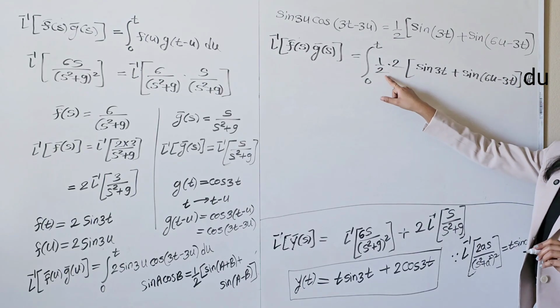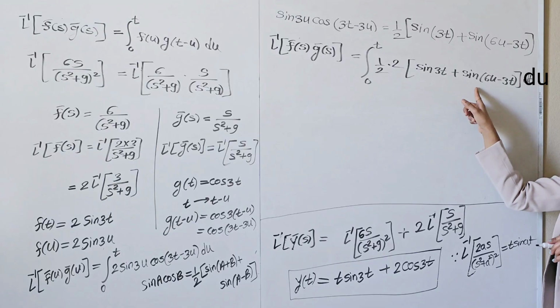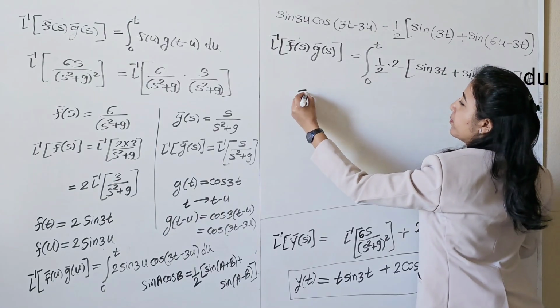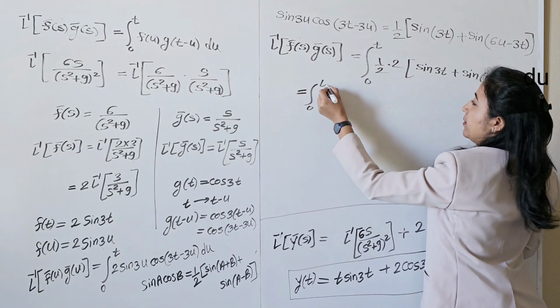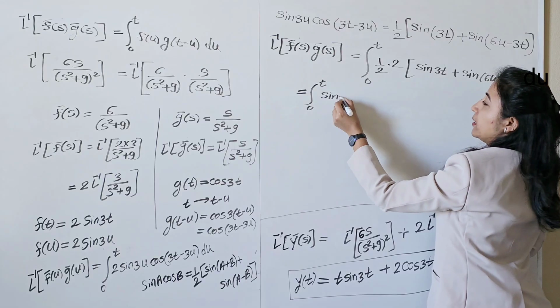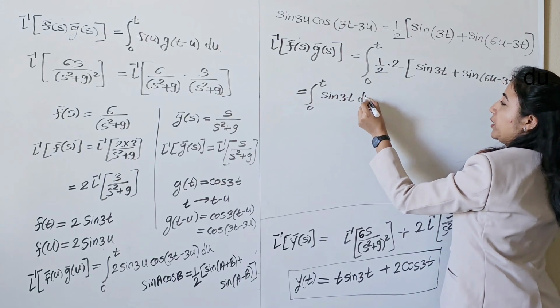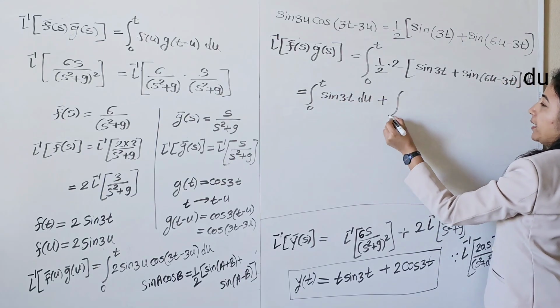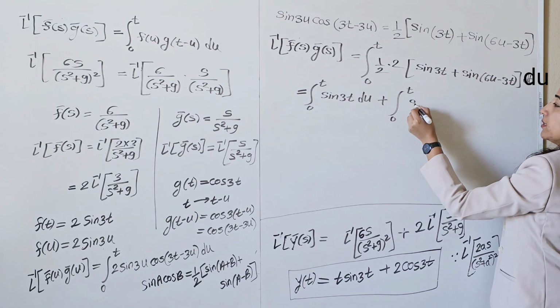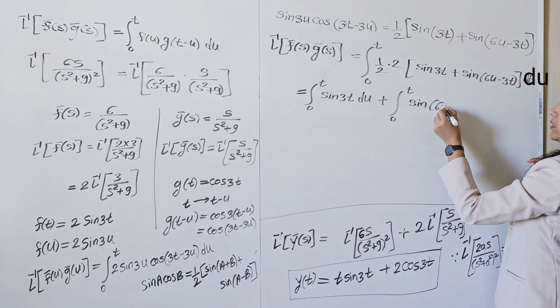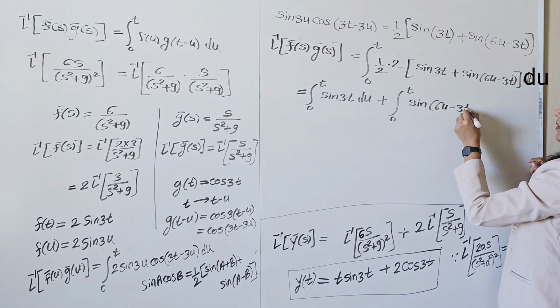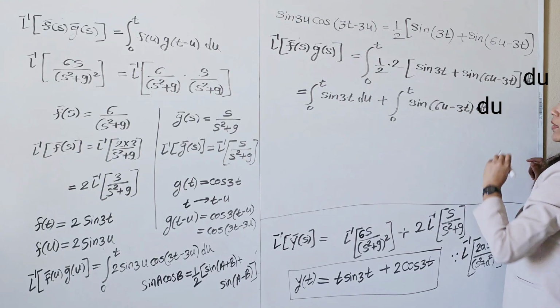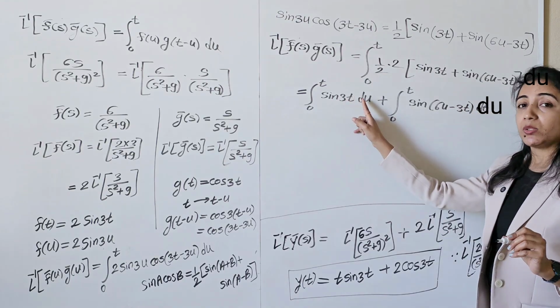In the next step, this 2 gets cancelled and we separate the integral term-wise. So here the integral from 0 to t of sin 3t du plus the integral from 0 to t of sin(6u minus 3t) du.